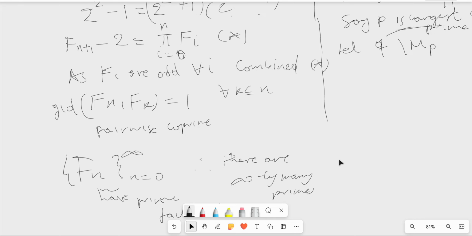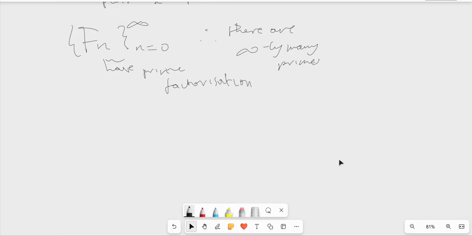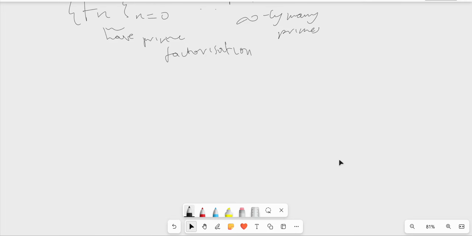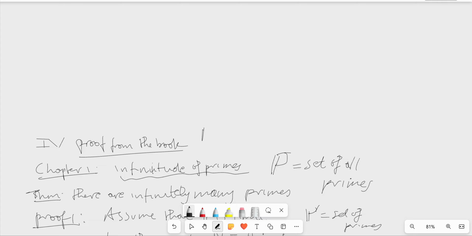These proofs are in one book which is called Proofs from THE BOOK. It's by Martin, and his last name I don't know how to say it, Aigner, I don't know if we say it like that, and another author.